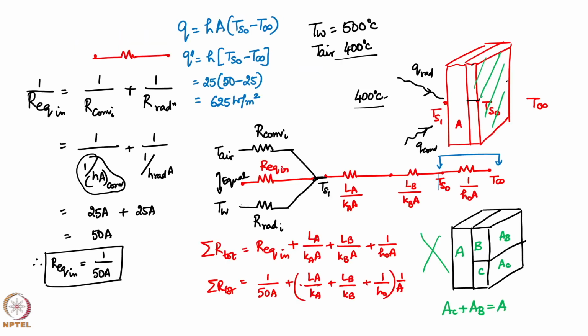I do that because this temperature is known and I have already used this to calculate Q. So, I do not have to worry about this part, I just have to take care of these three resistances.